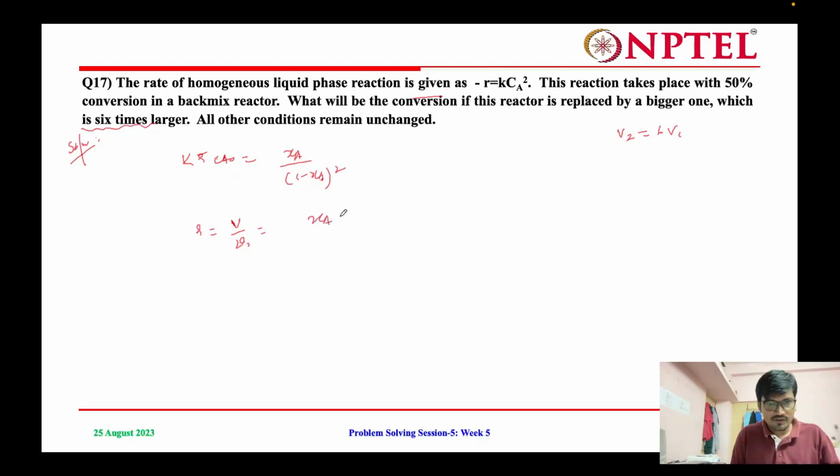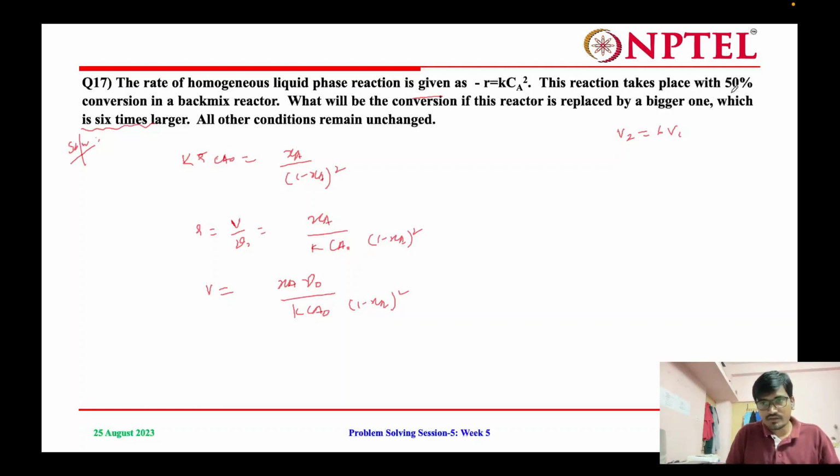So V by V naught equal to XA by K C A naught (1 minus XA) square, right? So V is equal to XA V naught over K C A naught (1 minus XA) squared.